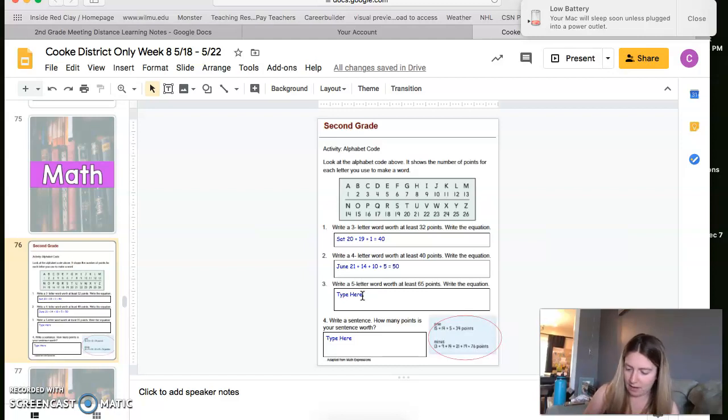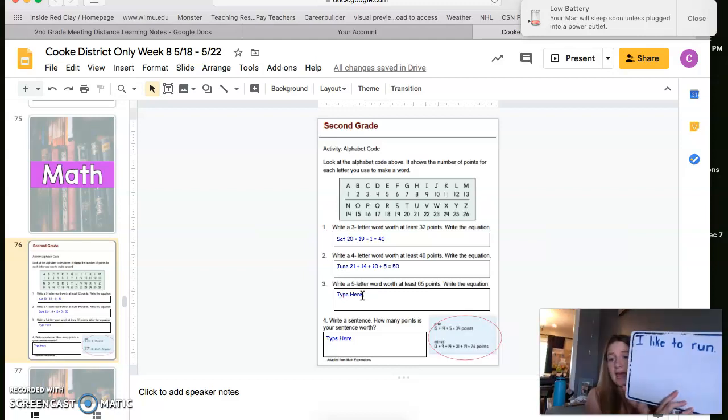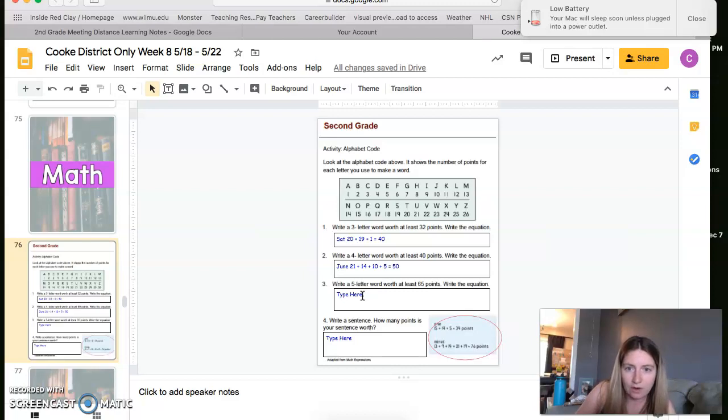I like to run. So I wrote my sentence, and now I'm going to figure out how much it's worth. So under those letters, I'm going to write the numbers. So the I is worth 9 points. L is worth 12.